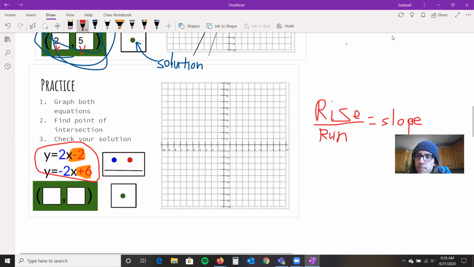What do you guys think? What number can I put any number over or divide any number by that doesn't change the value? So what number can I divide 2 by that would not change its value at all?